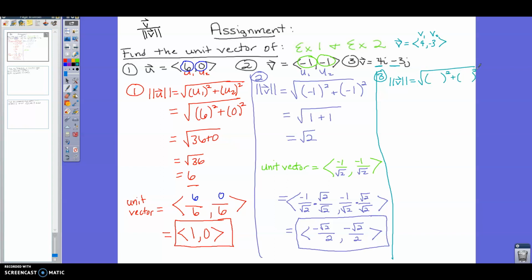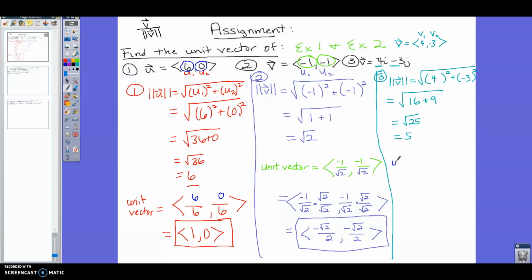So we're going to take the x component, which is 4, and square it. We're going to take the y component, which is negative 3, and square it, add them together, and take the square root of all of it. So 4 squared is 16. Negative 3 squared is positive 9. We add those together, we get the square root of 25. And the square root of 25 simplifies to 5.